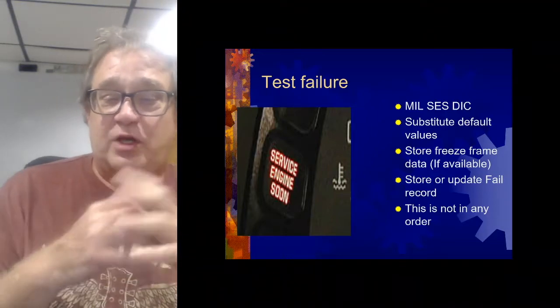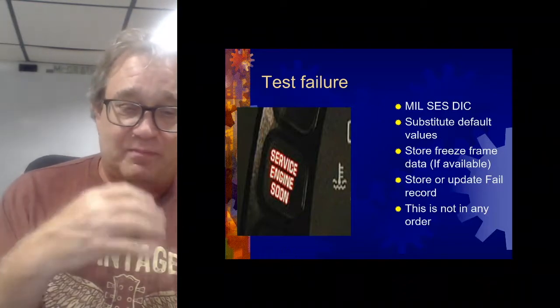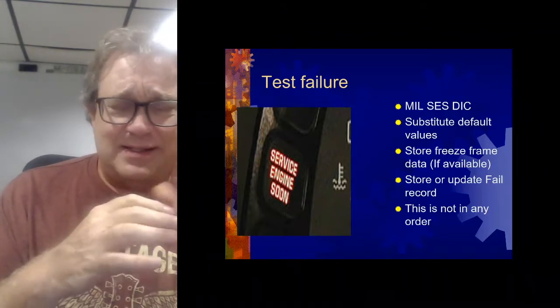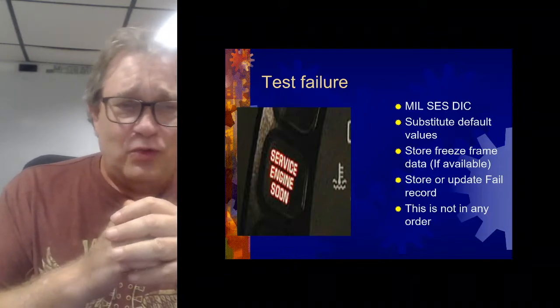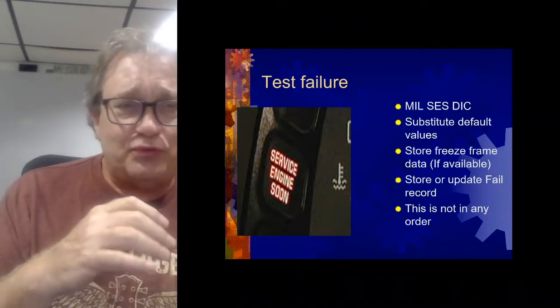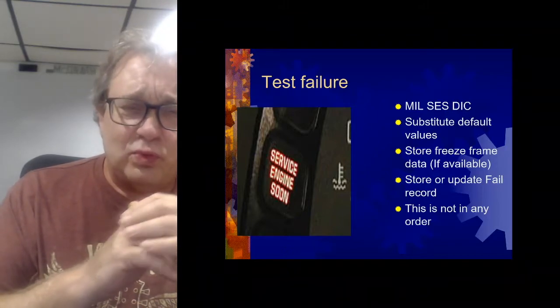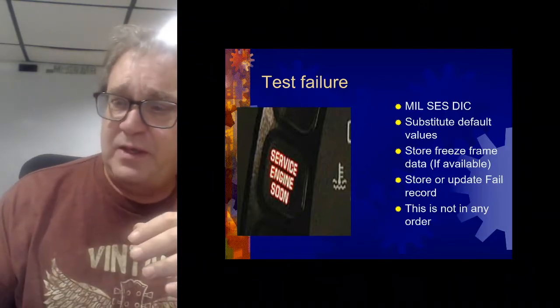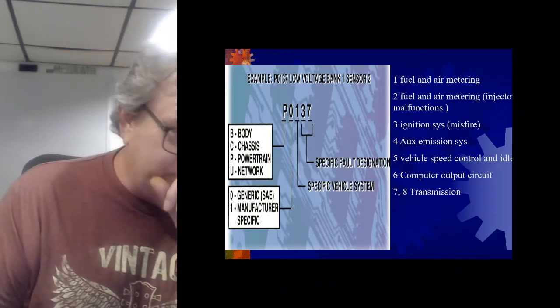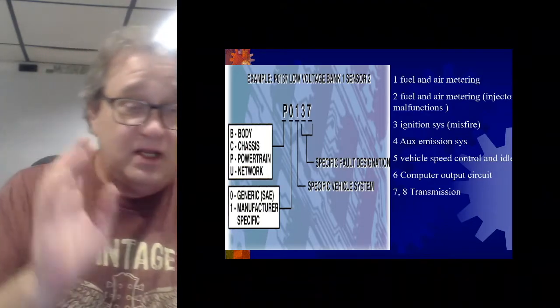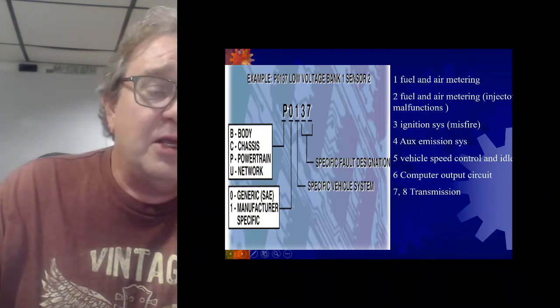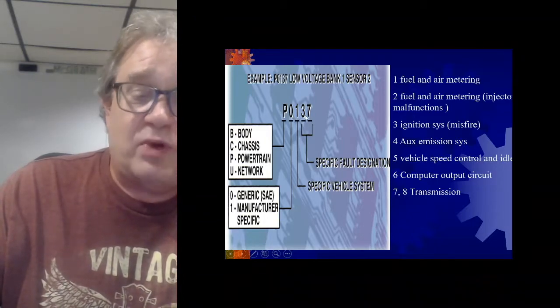So it stores and updates this freeze frame every time, and this is not in any kind of an order, which can prove to be kind of an issue sometimes. We'll talk about this when we get into the lab. Anyways, so here's our codes, and we've got a P0137 right here.